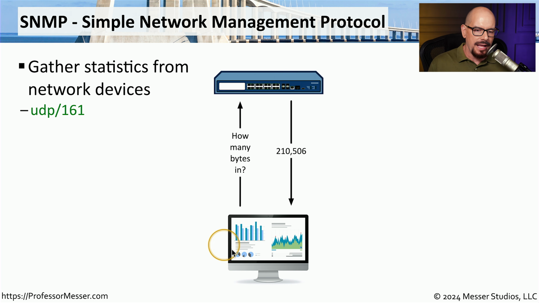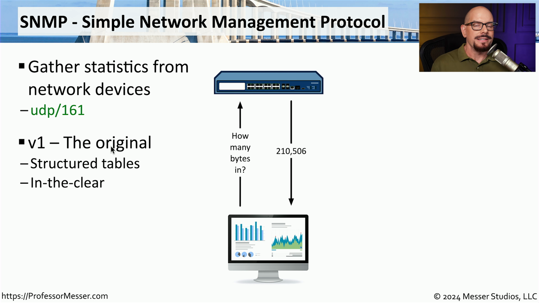For example, we might have a management station and we might be querying a device to determine how much traffic has traversed that particular device over a certain amount of time. And then it can provide us with a summary of how much data has been transferred over that time frame. We can then store that data, create graphs, reports, and other information that allows us to manage that device.